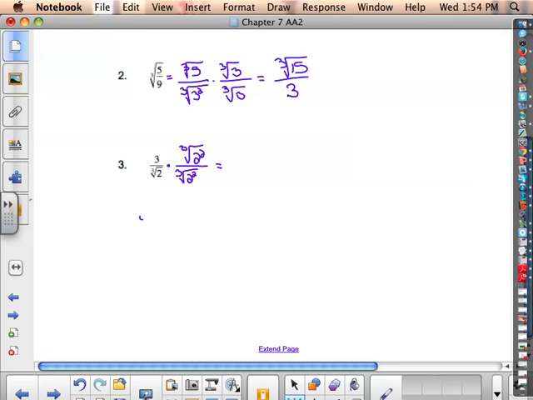So in the numerator, I will have 3 times the third root of 2 squared over, and this is what it would look like, the third root of 2 to the third. The third root of 2 to the third is simply 2. So I have 3 third root of 2 squared, or 4, doesn't matter, both are correct, you can write it either way.